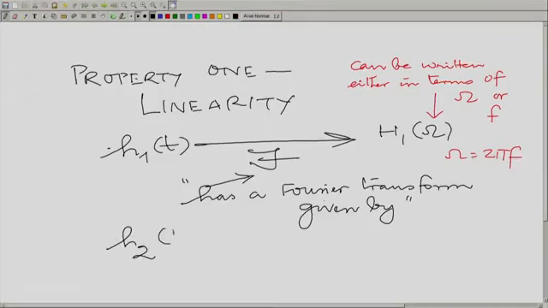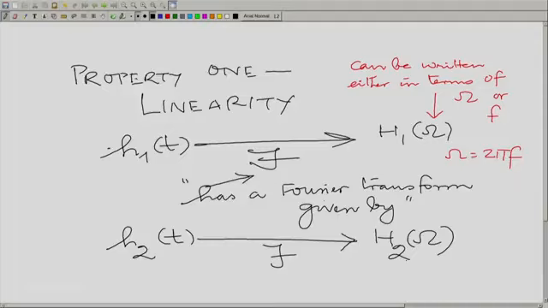So, let h1(t) have the Fourier transform capital H1 omega, and let h2(t) have the Fourier transform H2 omega.